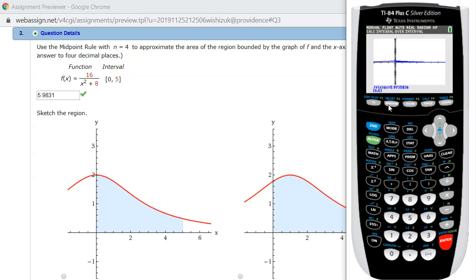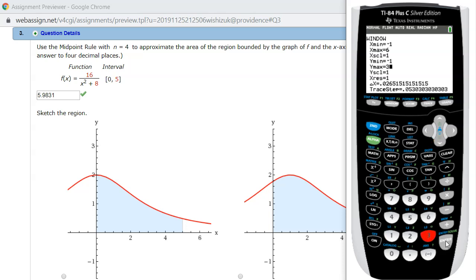It's kind of hard to see, so I'm going to go to window and make it look a little better. I'm going to put x min to be maybe -1, and x max to be 6. The scaling is 1, that's fine. Y min is -1 and y max maybe 3 or something like that.